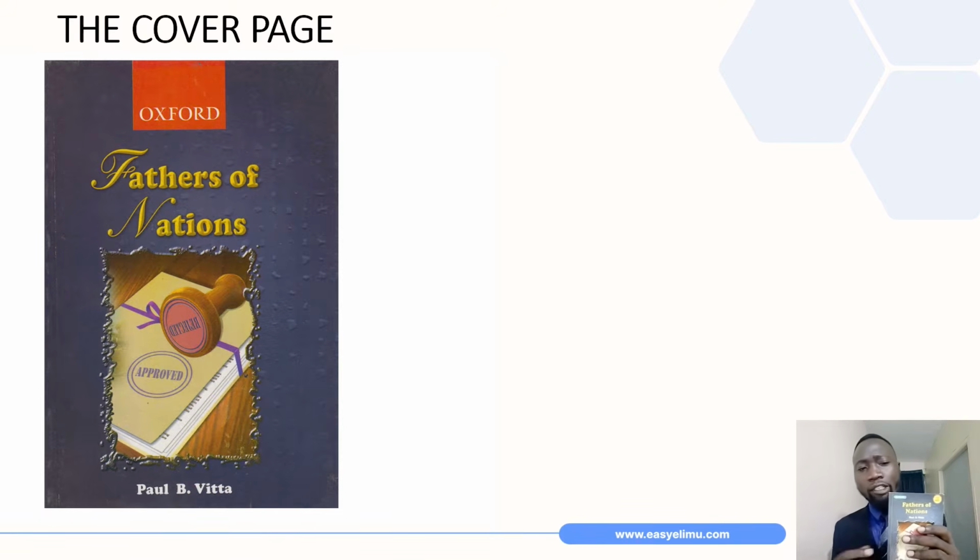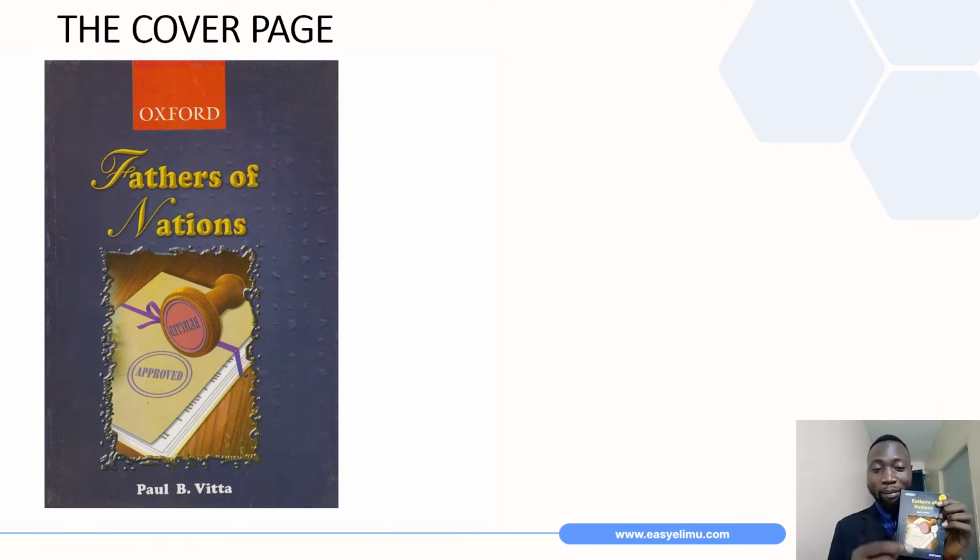Below the title, we have got an image, and there are a lot of details in the image. First things first, we have a document, and on top of that document, there is a stamp. There is a stamp that is written rejected.